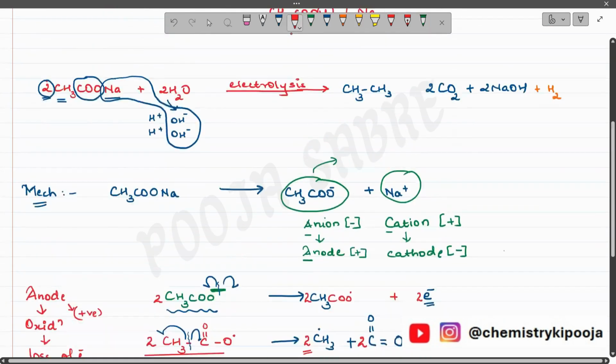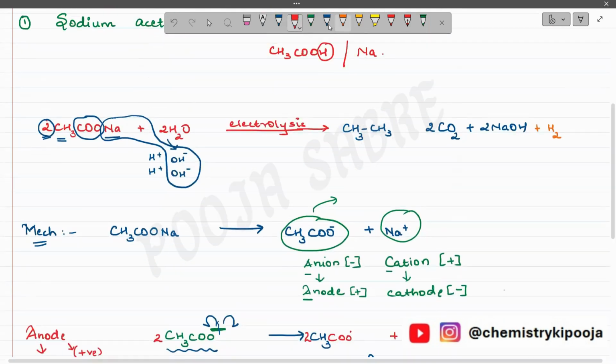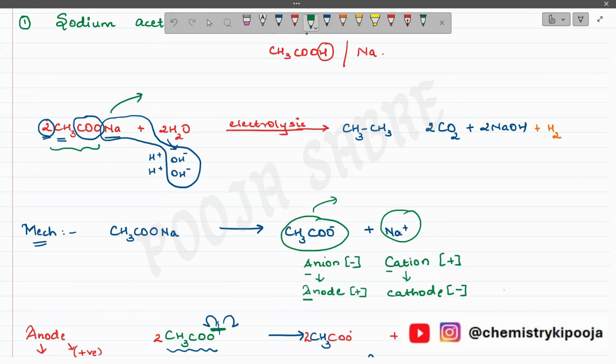Here, from H2O, these were the negative ions. The positive one is Na plus, and also we have H plus. That means we have two positive ions, Na plus and H plus. So out of these two, which one will be going and attacking the cathode? That we need to remember.